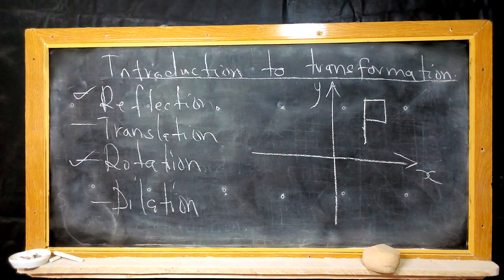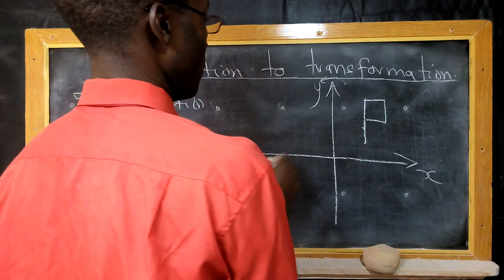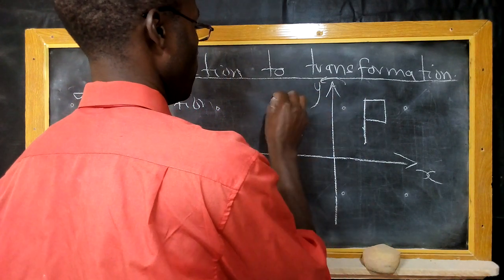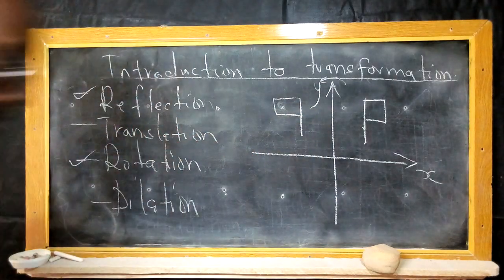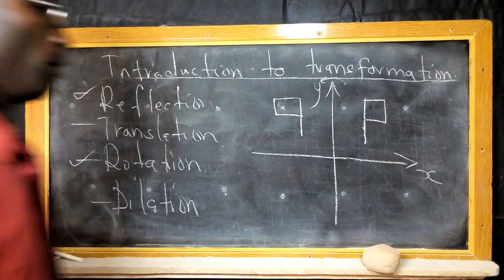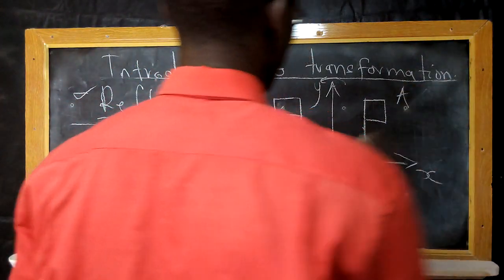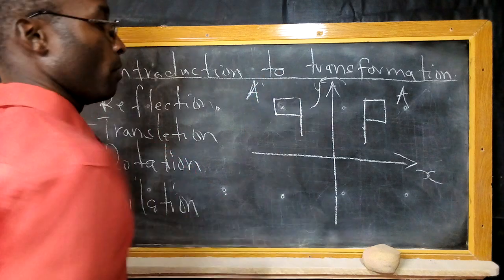And then we reflect that flag along the y-axis. Then we shall have this first image as such. If we look at this image, we can say that this is image A and this is image A prime.